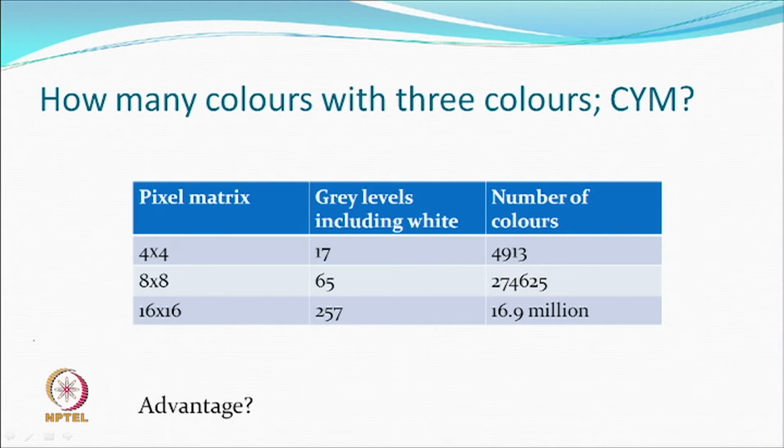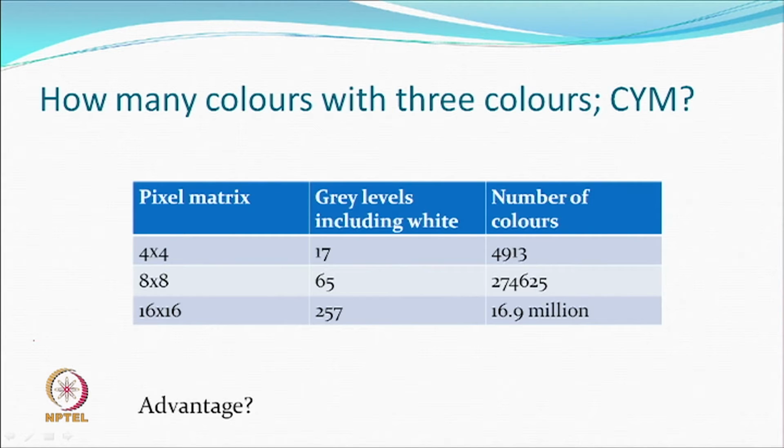You get into the 8 by 8 matrix, you have gray levels for each color of 65, because you can put one dot here, the other dot is bringing various kinds of things you can do, because you are now resolving the same area.